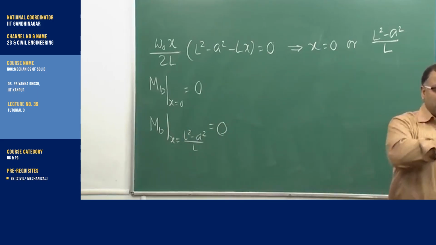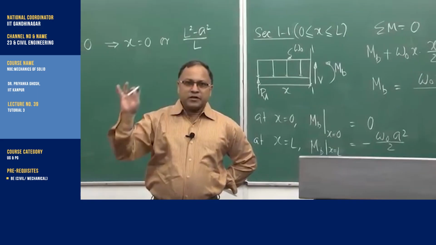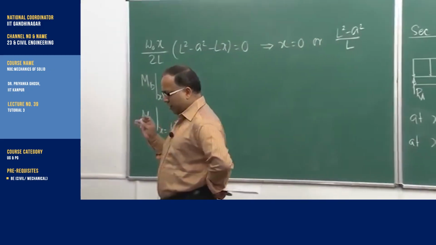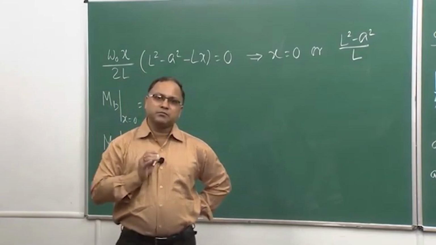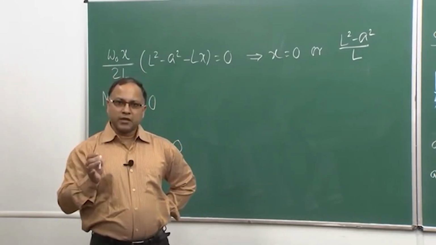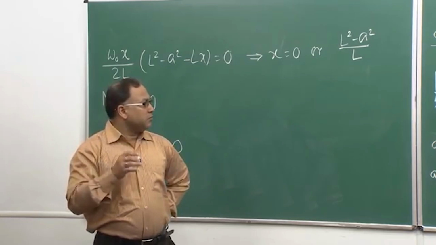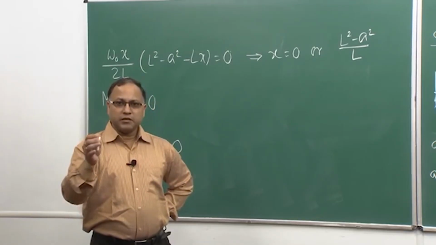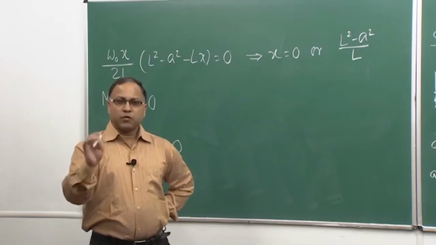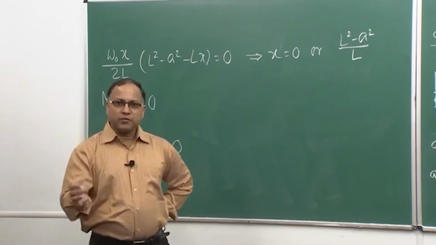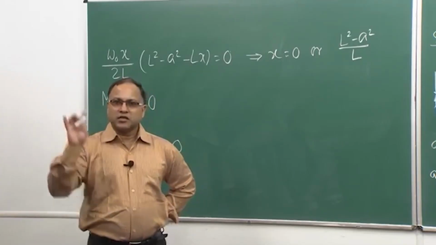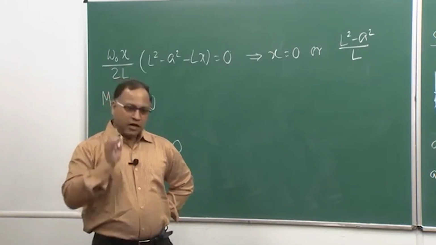So, this could be the possible variation of M B. So, there must be some point where M B is becoming maximum, is not it. There must be some value of x where the bending moment is becoming maximum, because during this variation somewhere the bending moment will be touching the maximum value. Okay. Let us find out that.